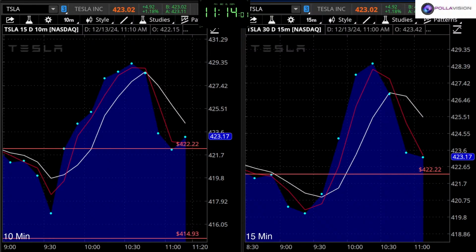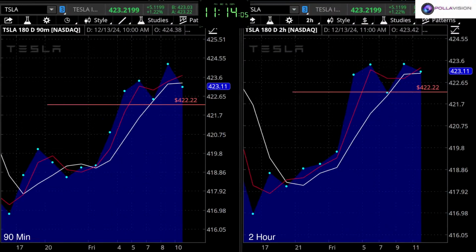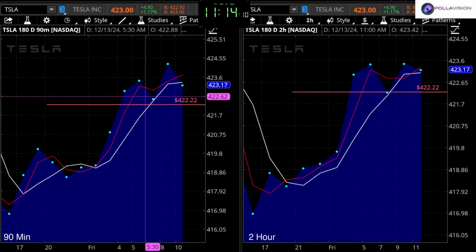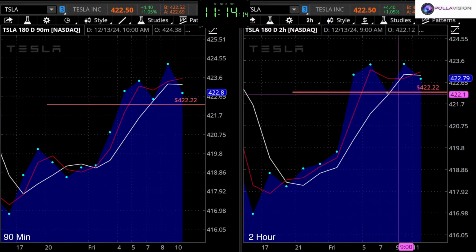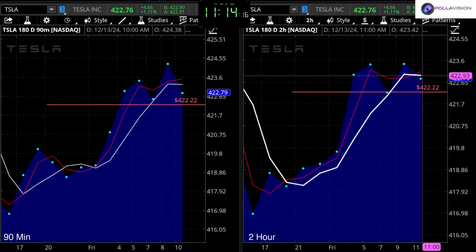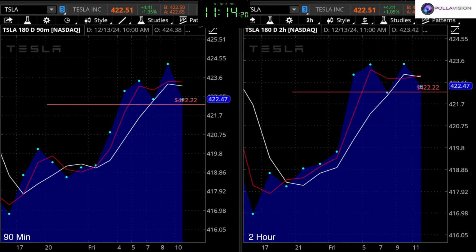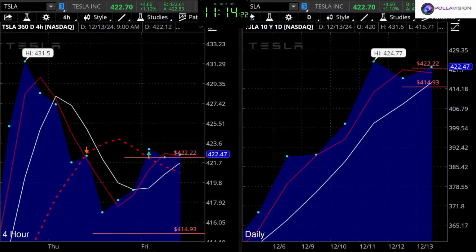See, we're having this little battle on the 15-minute. Let's look at the 90. The 90 came up from where it was. Remember, we dropped to this point? And now we are up here. Let's look at the 4-hour.